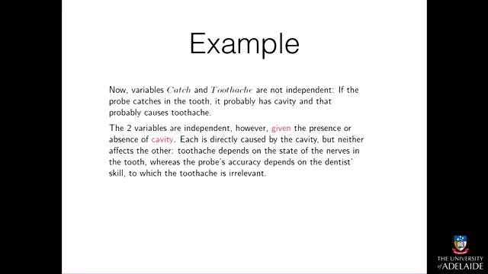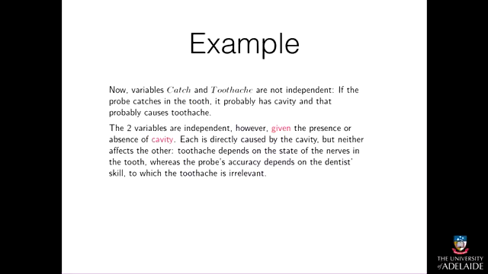Because if the probe catches the tooth, it has a cavity that probably causes toothache, which means if we observe catch being true, which may imply someone has a cavity, then someone is more likely to have toothache. So catch and toothache are linked by the random variable cavity.